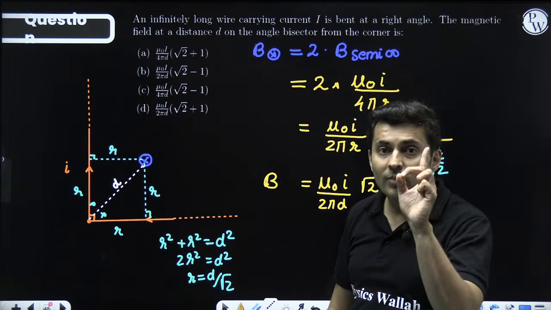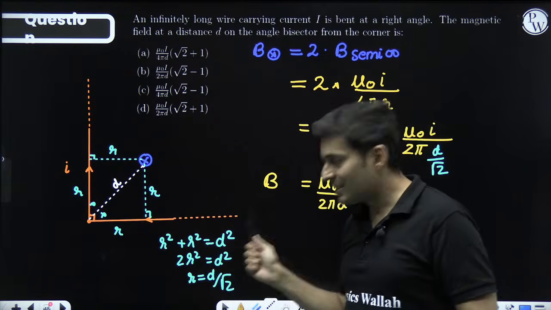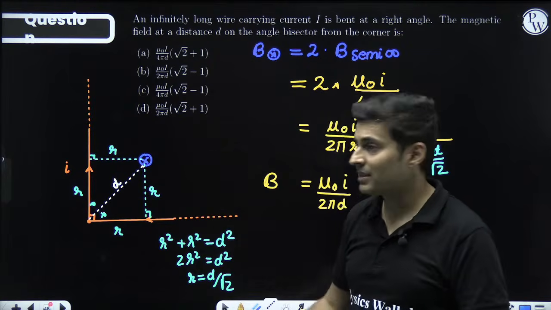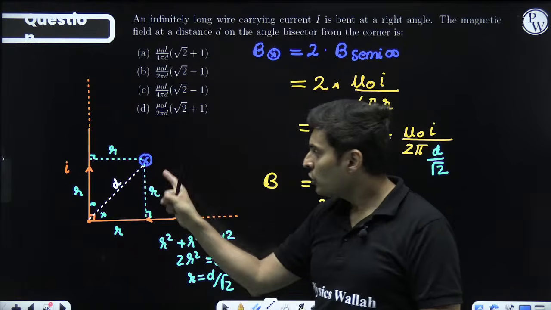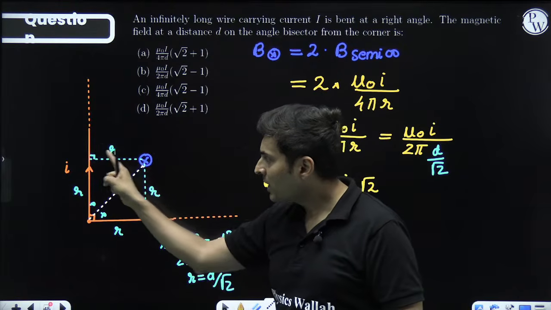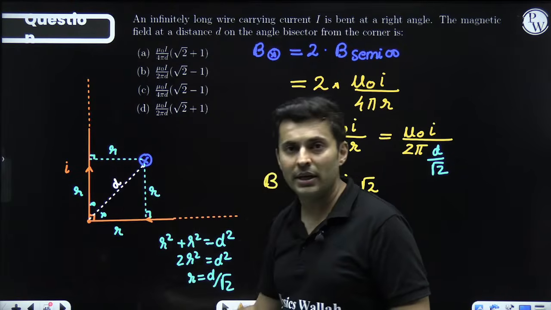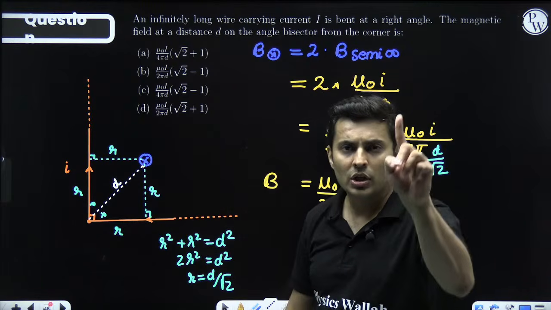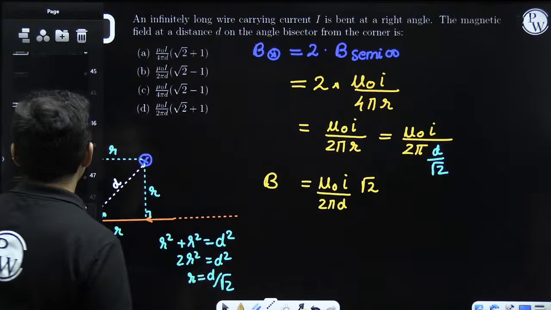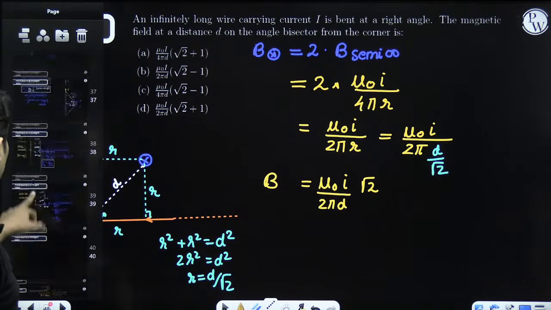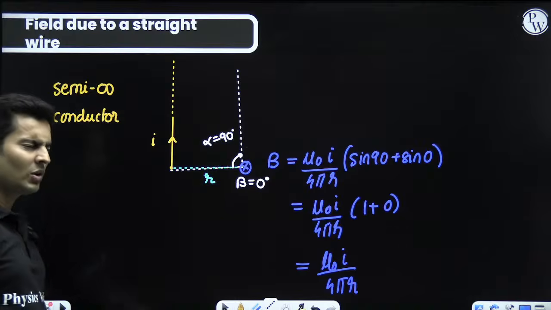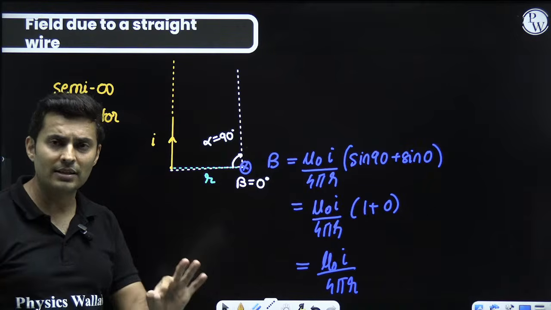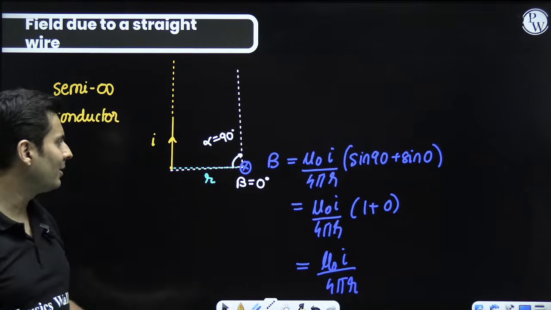See, the problem is, yes, it is a semi-infinitely long wire if you take one by one. The problem is where you are standing. You are not standing directly at the end point. Rather, you are standing at some angle with the end point. See this diagram very, very carefully. This is the most commonly made mistake by most kids for semi-infinite wire.